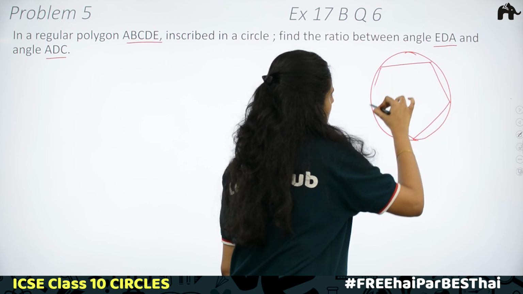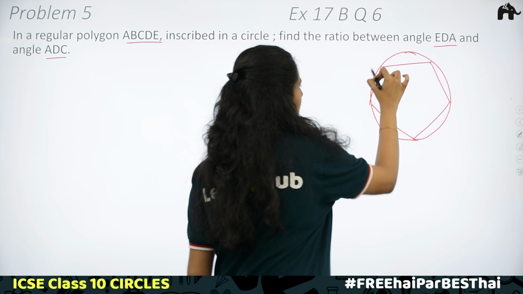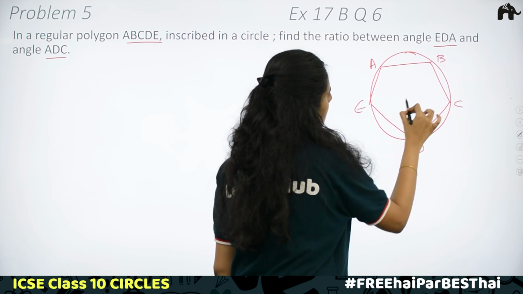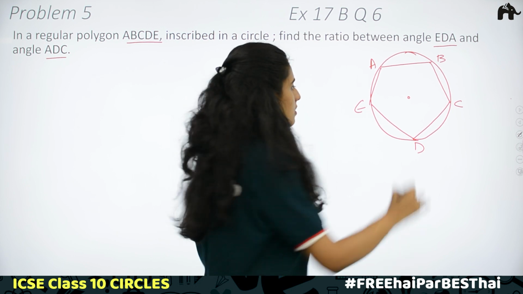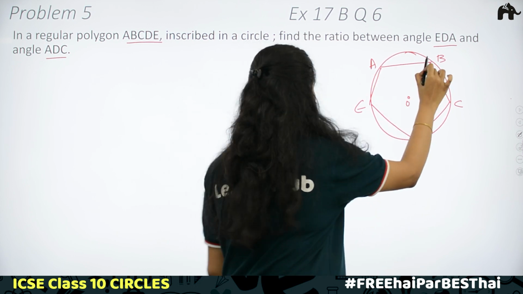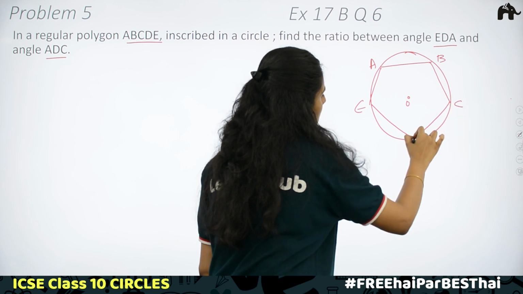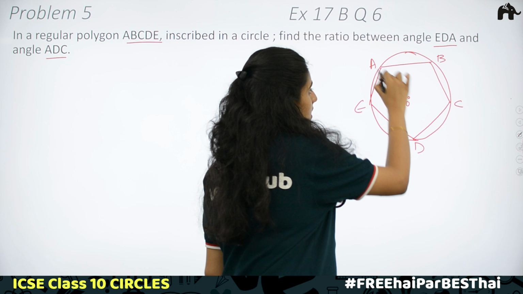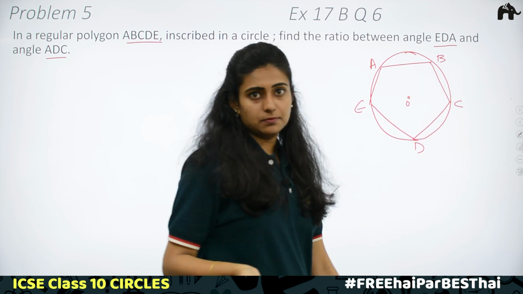So, here I am drawing a 5-sided polygon A, B, C, D, E. This is the center of the circle. Mark it as O. Now, we have AB, BC, CD, DE and AE equal. Yes, this is a regular 5-sided polygon.